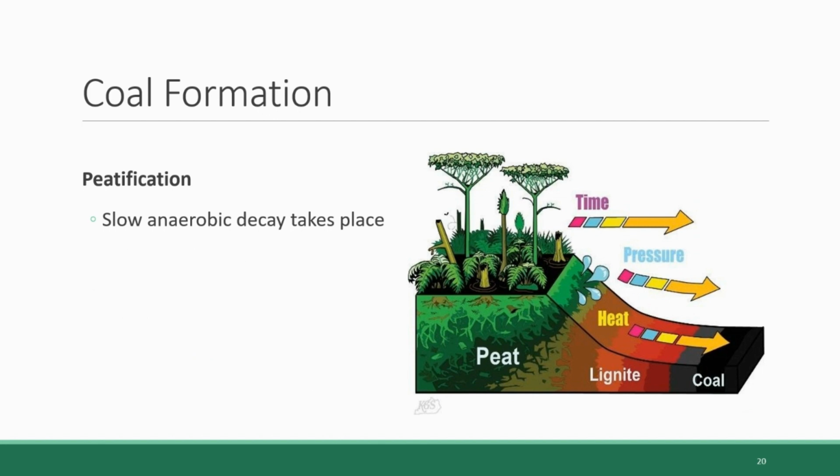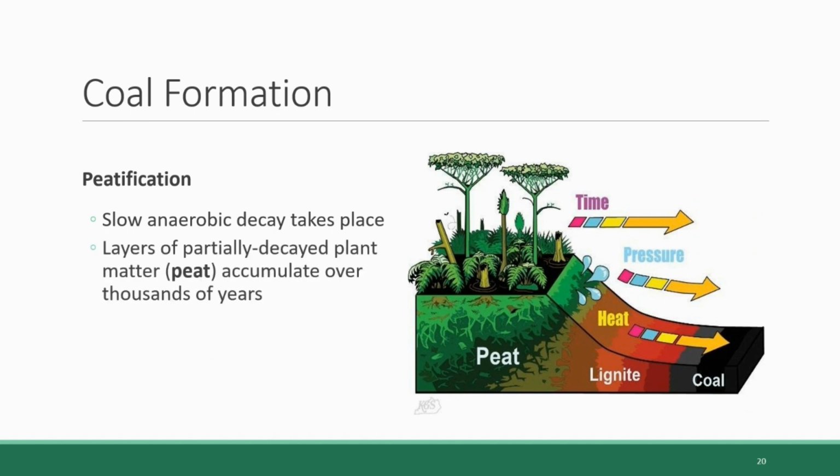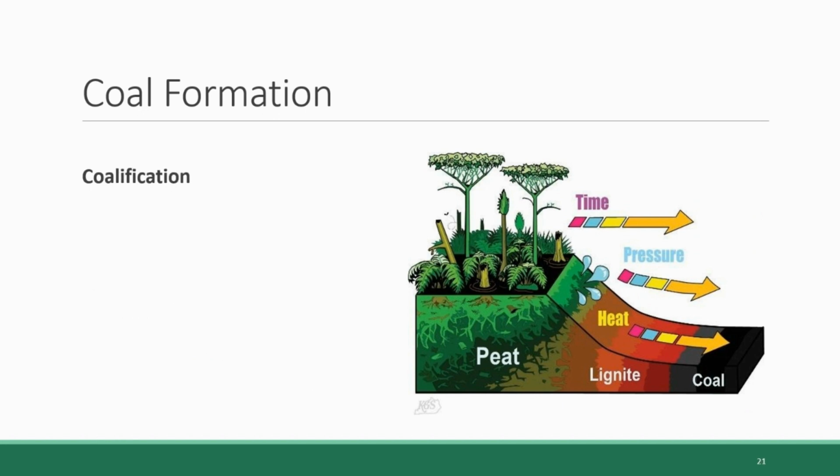And over thousands of years, layers of partially decayed plant matter will accumulate. The term for those layers of partially decayed plant matter is peat. So therefore, this step is called peatification. And then the next step is called coalification, which is where the peat becomes further buried by the accumulating layers on top of it.